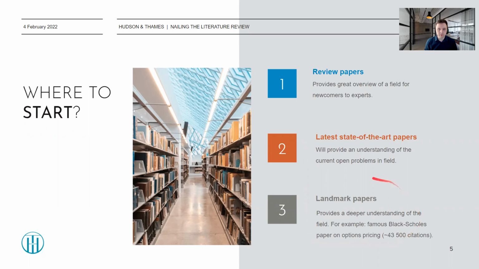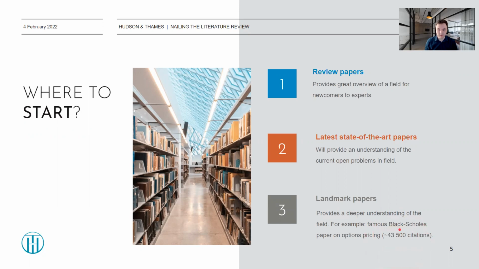A thing that I would also like to mention is landmark papers. These are historical big papers that have been published in the field that serve as signposts in the broader scheme of things. Typically from these papers, many years of research is generated. They're typically characterized by very high citation counts.